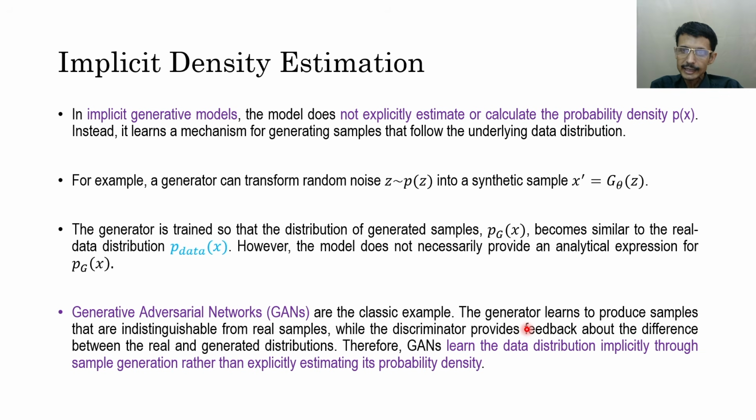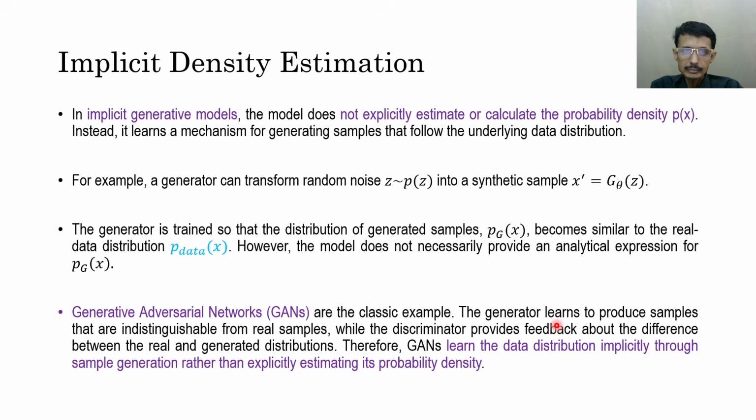What does the generator do there? The generator learns to produce samples that are indistinguishable from real ones. We'll see it when we come to GAN. Two neural networks are trained in parallel.